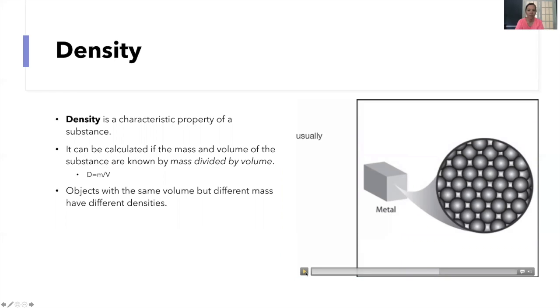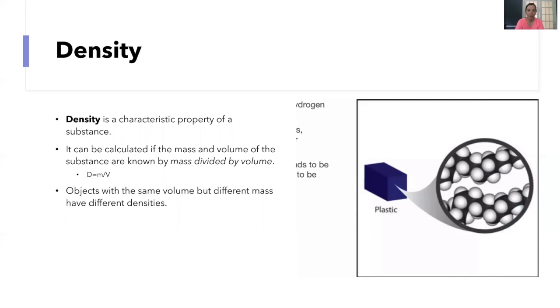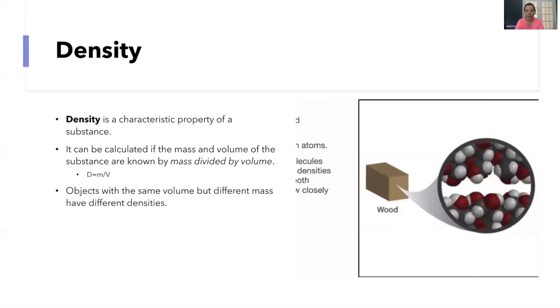So if you look at this metal, you can see all the particles, the atoms of that metal are all tightly packed together. It's going to have quite a big density. Then if you look at plastic, if you look up close at the molecules of the plastic, they're all twisted long chains and they're spread apart more. So it's not going to have as much density.